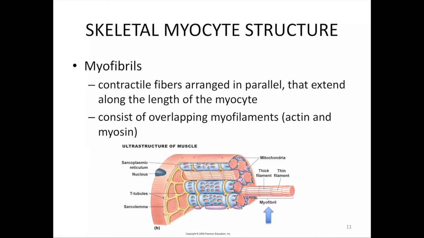The actin is the thin myofilament, and the myosin is the thick myofilament. Let me just draw that in. So remember, actin is the thin myofilament, and then this is the thick myofilament.